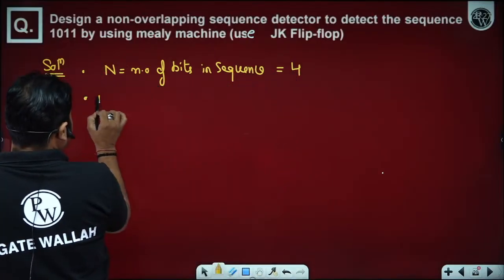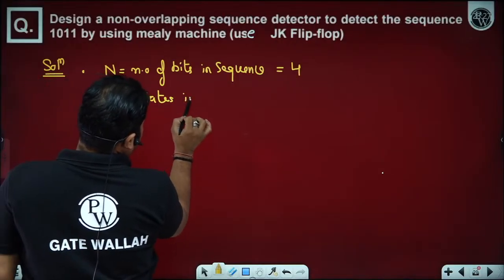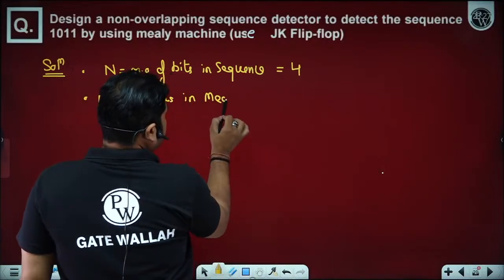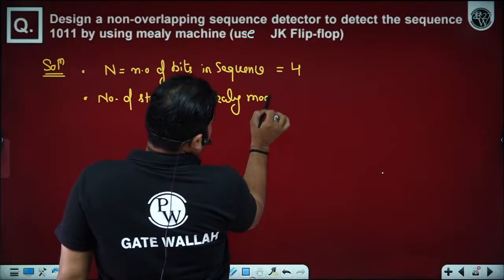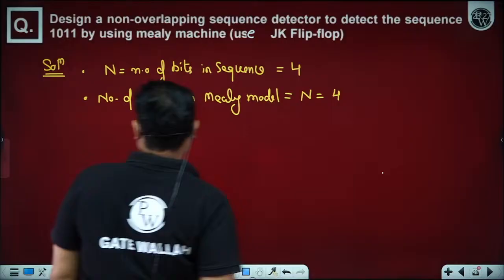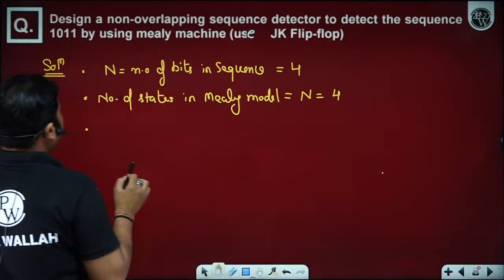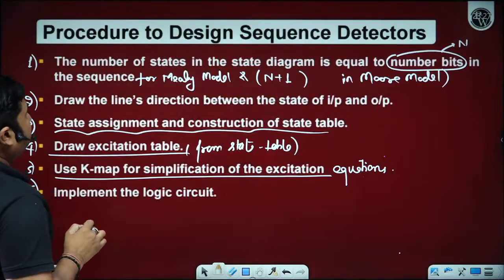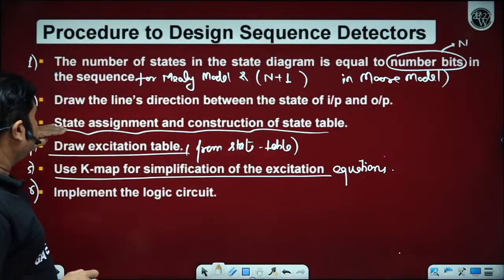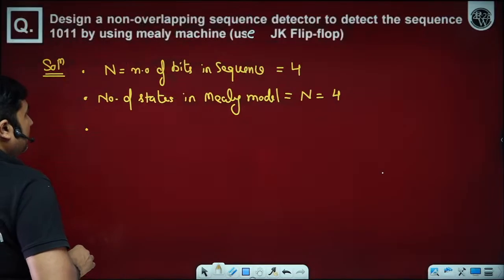The number of states in the Mealy model is equal to n, that is 4. So for 4 states we have 4 variables. Next is state assignment and construct the state table.